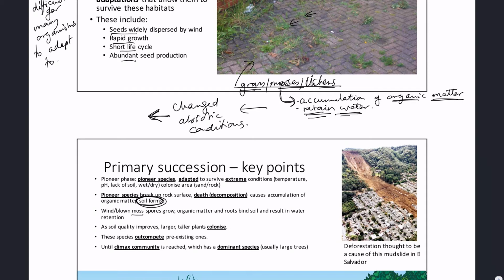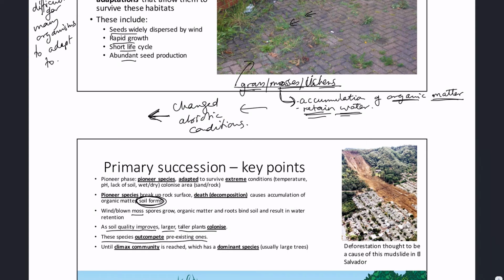With the presence of the roots that bind the soil together, you get a bit better water retention, and that improves the soil further. And as the soil quality improves, larger, taller plants colonize, and they outcompete the pre-existing ones.